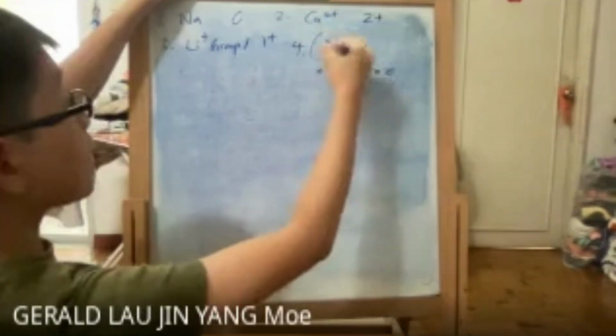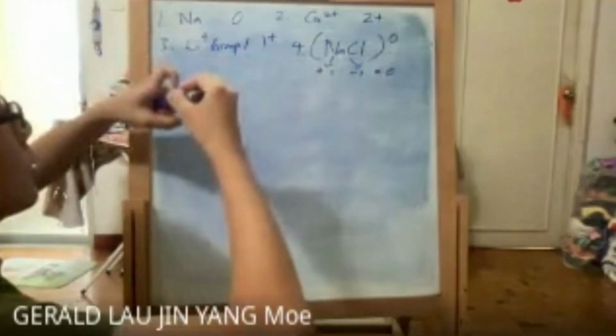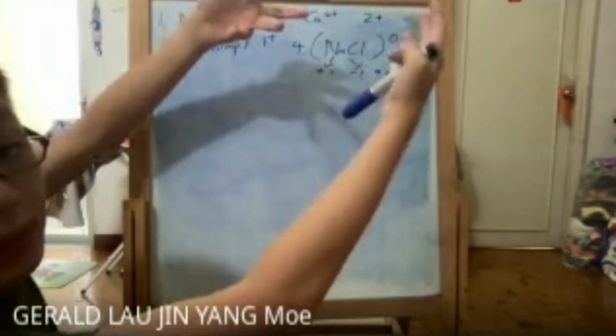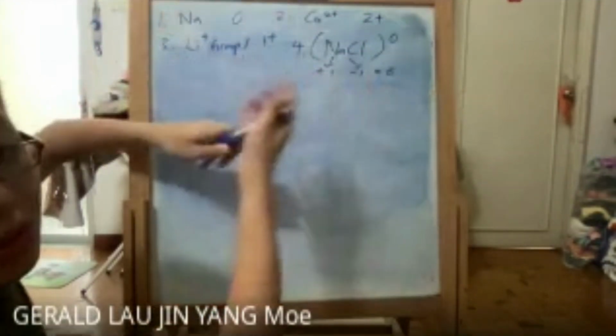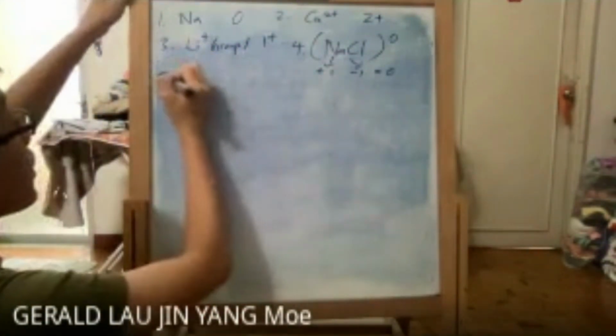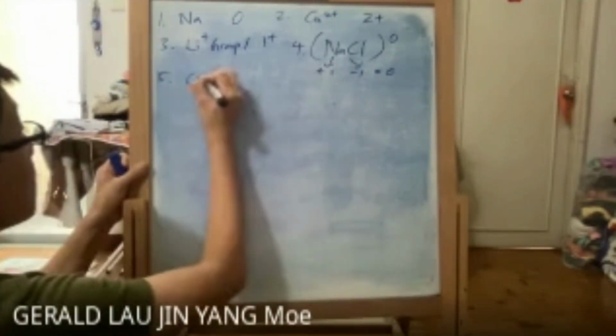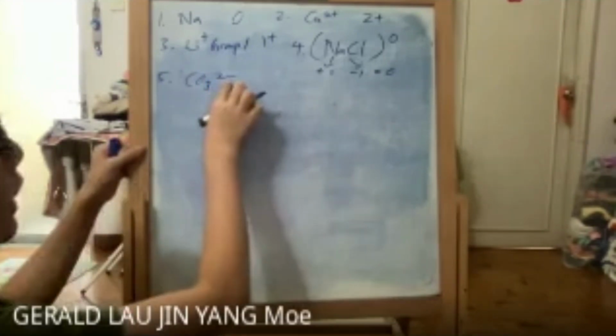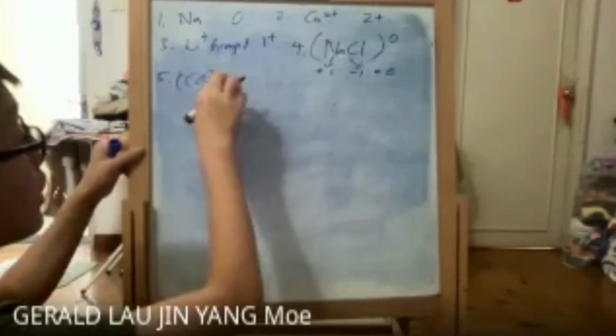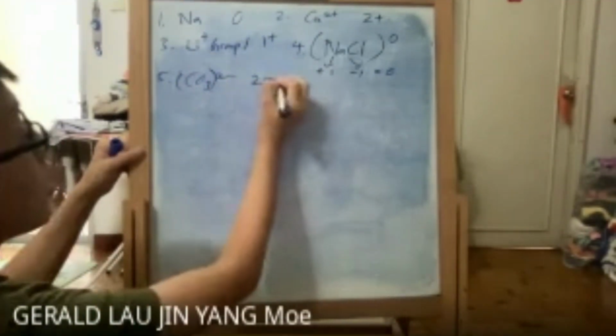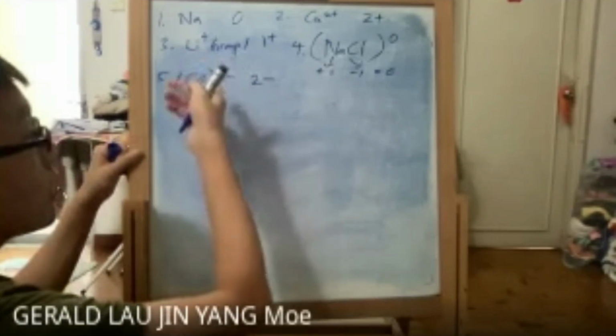Because the entire compound has 0 charge. Understand? So it's just 0. How about polyatomic ion? Let's say you have carbonate ion. Carbonate ion, the entire thing is -2. So the oxidation number is -2.